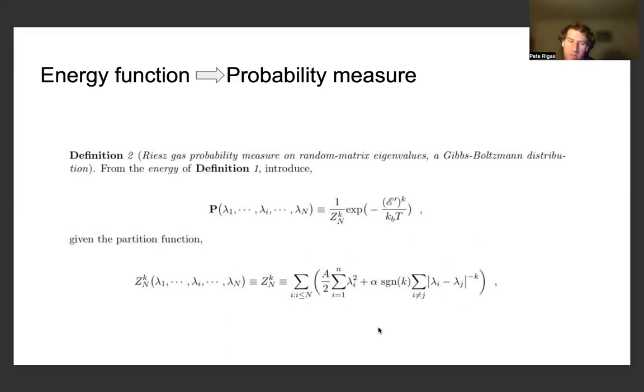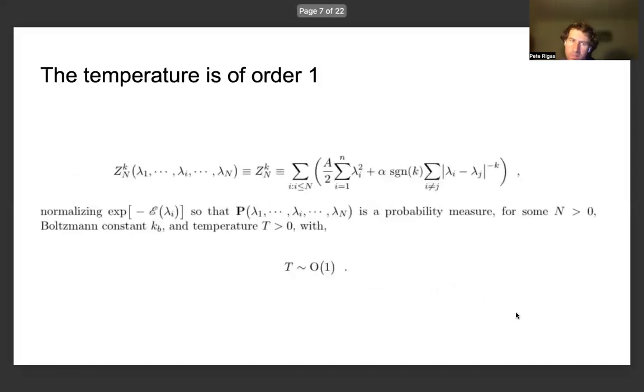So it's just a summation over each one of those, over the square of the eigenvalues lambda i squared and the absolute value to the minus k between lambda i and lambda j, such that i is not equal to j.